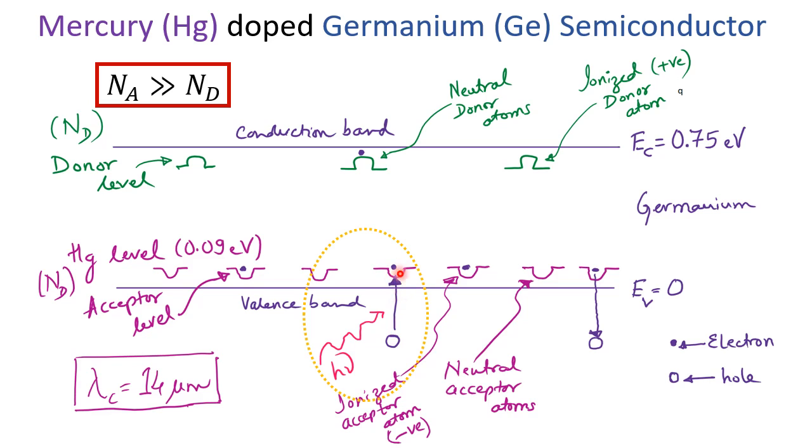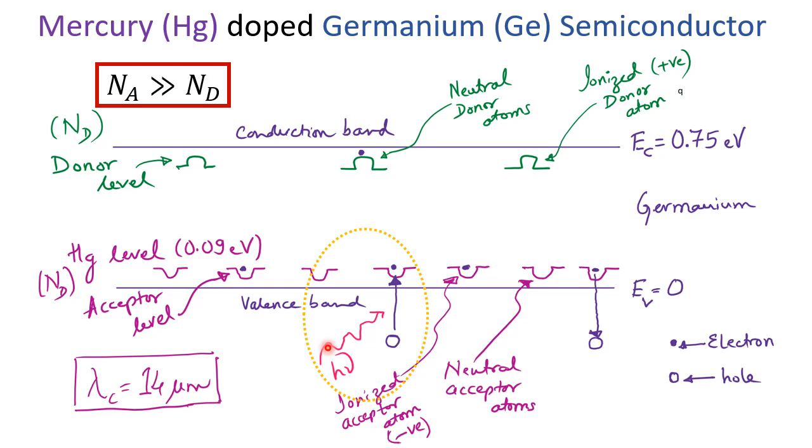So this now becomes an ionized acceptor atom which has got an overall negative charge. It is this electron that is now going to travel one way, and the corresponding hole is going to travel the other way, generating a current in this device, right?